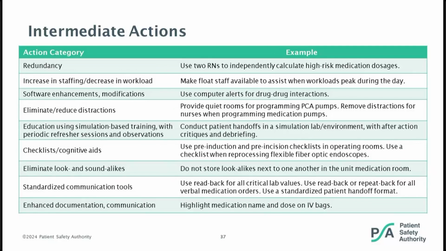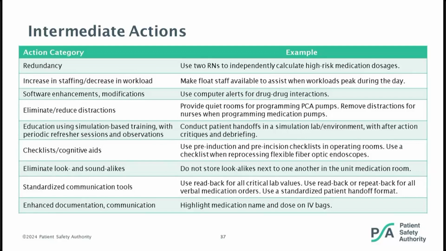Next would be intermediate actions. These are things that aren't as great as the stronger actions of a forcing function, but things that we use every day. For example, using 2 RNs independently to calculate high-risk medication doses. It's really good, but there's still some room for play there, that there may be an issue.